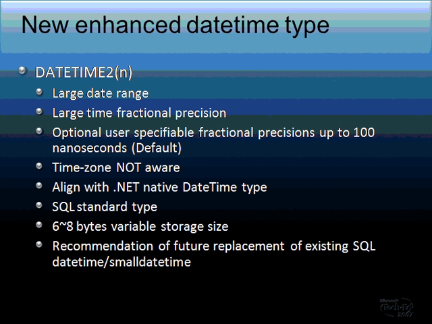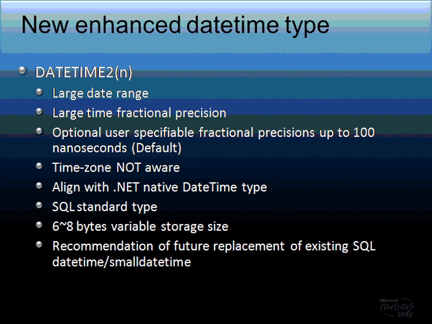However, for this new datetime2 type, when you deploy a new application or upgrade your application, this is the type you definitely want to consider for datetime without time zone awareness.